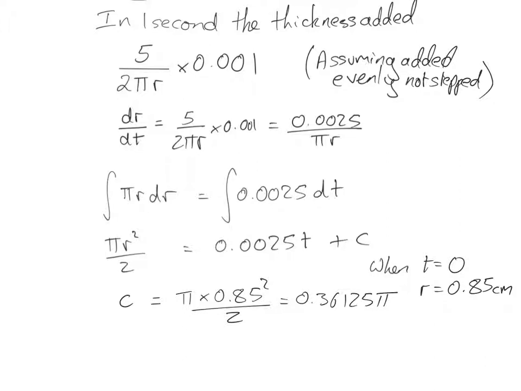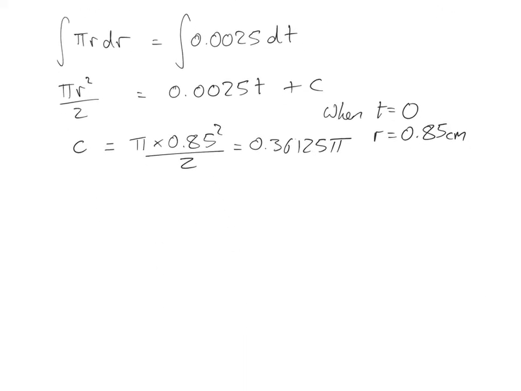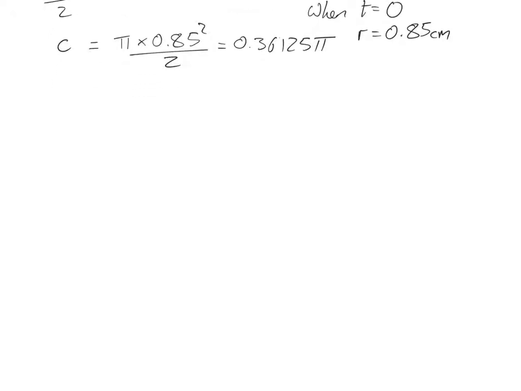So we know that angular speed omega is v over r, and the v is constant at 5, but the r is what is changing.